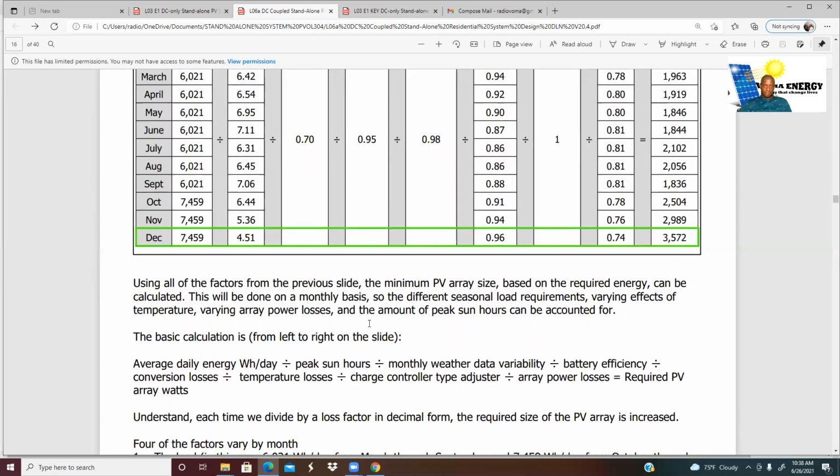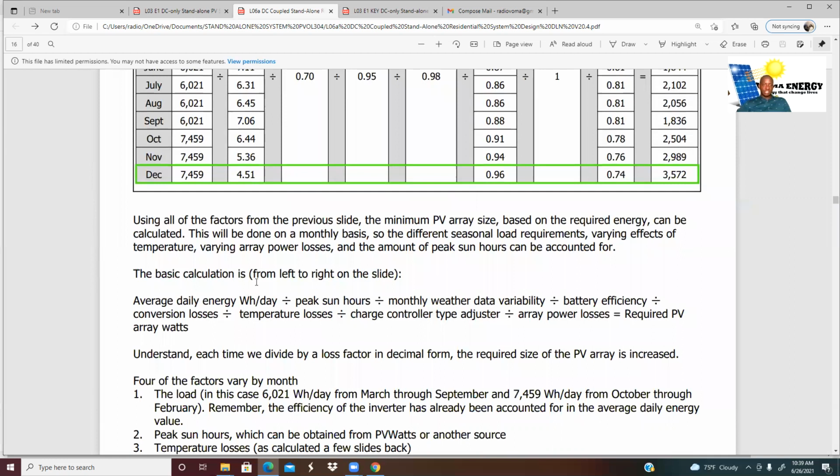Using all of the factors from the previous slide, the minimum PV array size based on the required energy can be calculated. This will be done on a monthly basis, so the different seasonal loads, varying effects of temperature, varying array power losses, and the amount of peak sun hours can be accounted for.